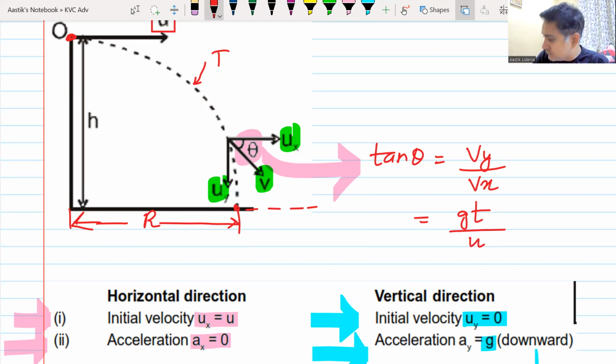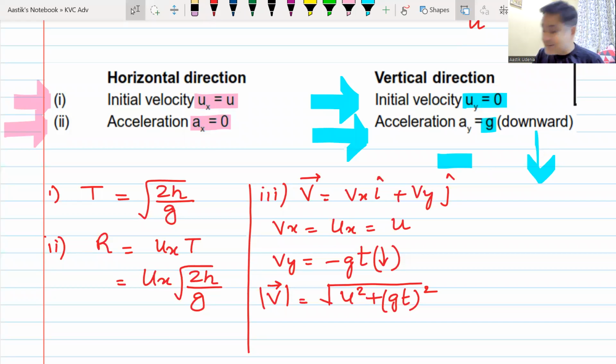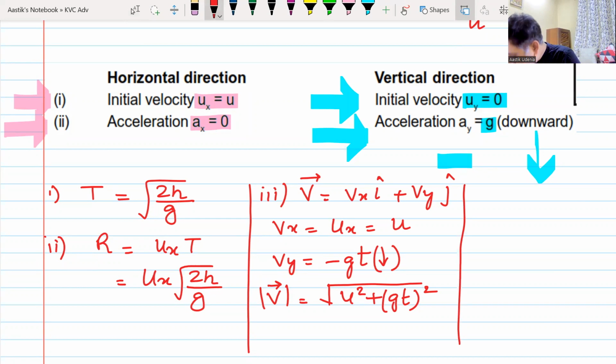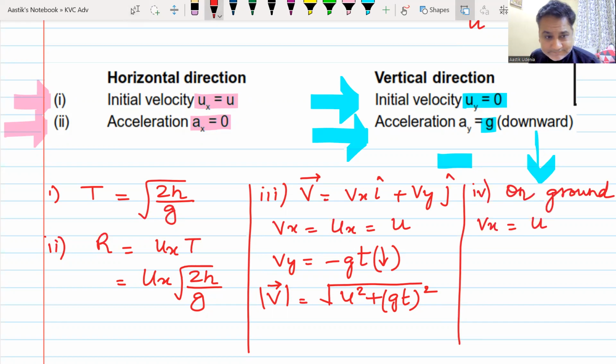Have you noted down the value of tan theta? Done, sir. The next thing is, with what velocity does it fall on the ground? Number 4, on the ground. The vx component is always going to remain the same as u. The vy component of velocity is the same as free fall.